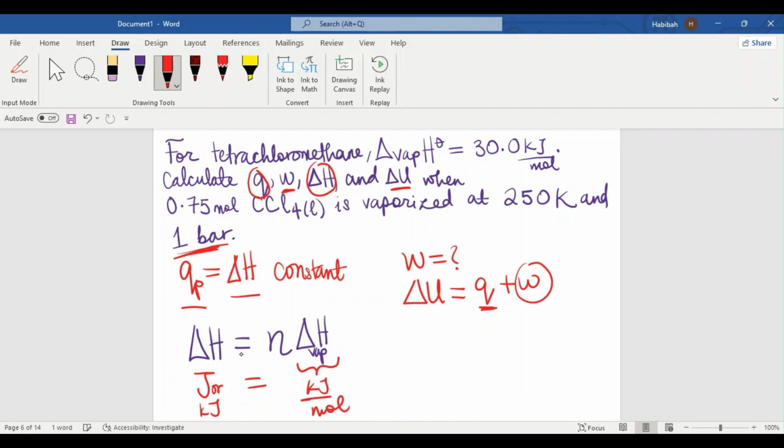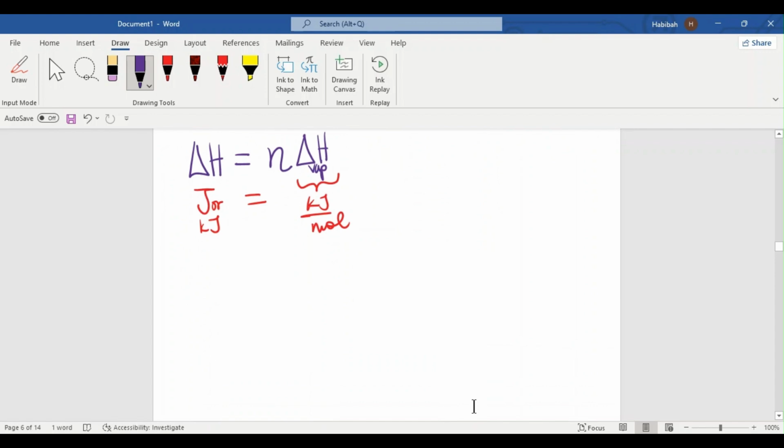So to go from the information on the left to the right, you have to use the number of moles, and to go from the right to the left, you also have to use the number of moles. In this question, we're just multiplying the number of moles times the change in enthalpy of vaporization to get the change in enthalpy. There's no major formula to go from change in enthalpy to change in enthalpy of vaporization. Just use the number of moles.